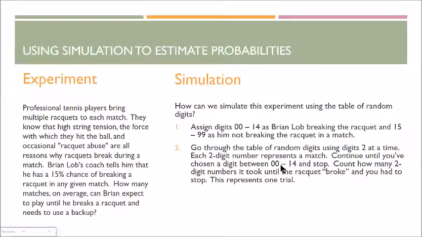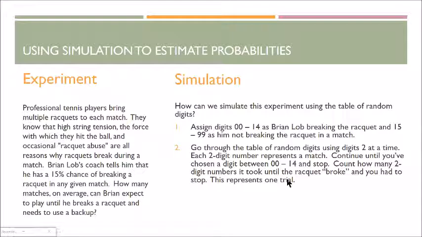I stop because once I get a number in this range, that represents him breaking the racket. I'm going to count how many 2-digit numbers it took until the racket broke and I had to stop. And that represents one trial. So just keep in mind, if the first 2-digit number that I pick was, let's say, a 12, that means that he only played one match and the racket broke on the first match.